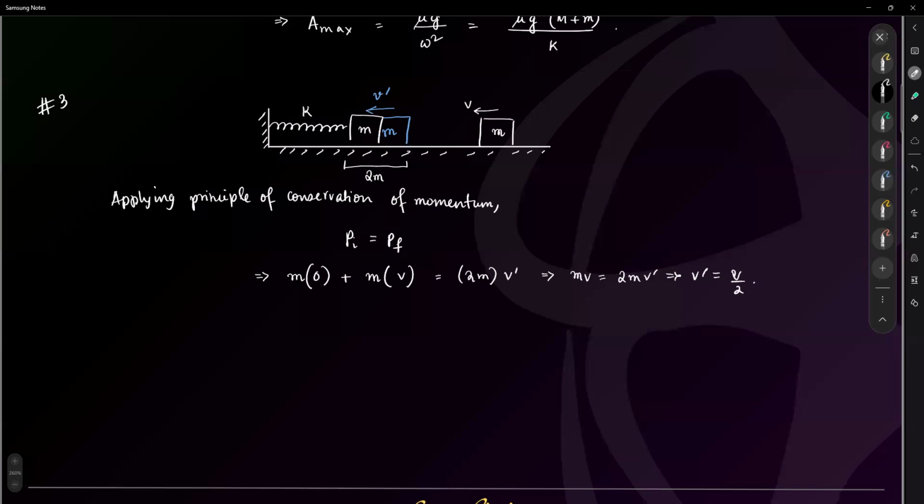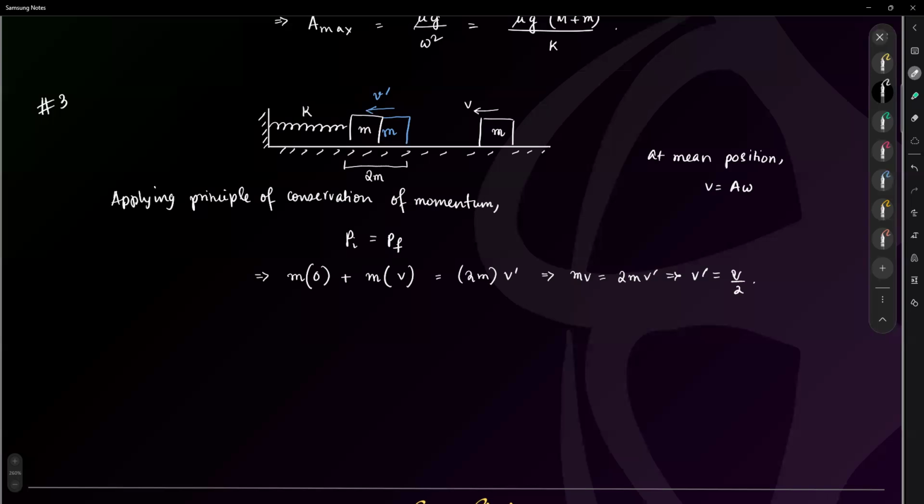Now, it is important to note that the collision happened at the mean position of the new SHM because the spring had its natural length just before the collision. If A is the amplitude of the SHM, then the velocity of the system at the new mean position should be equal to A omega at mean position, right?